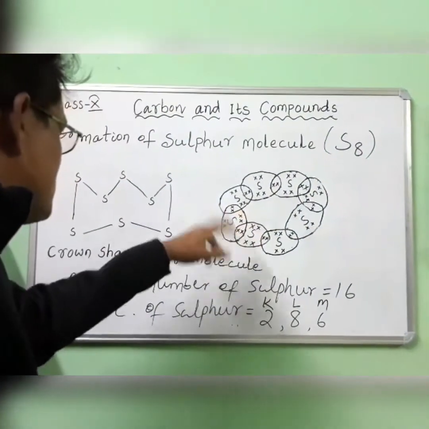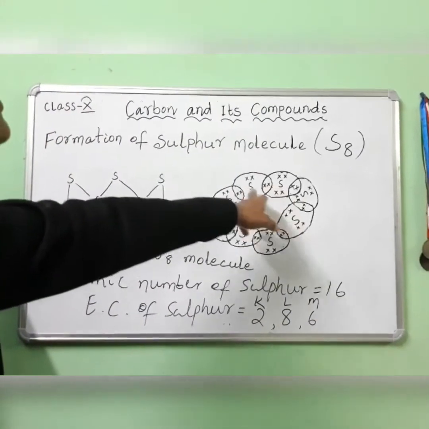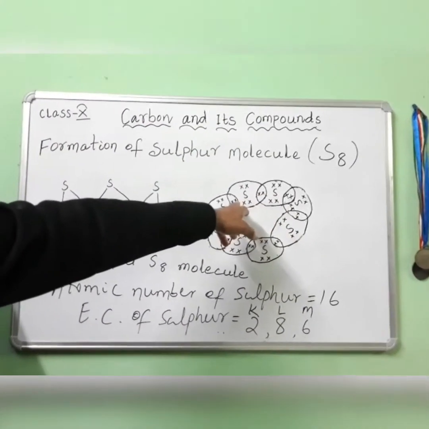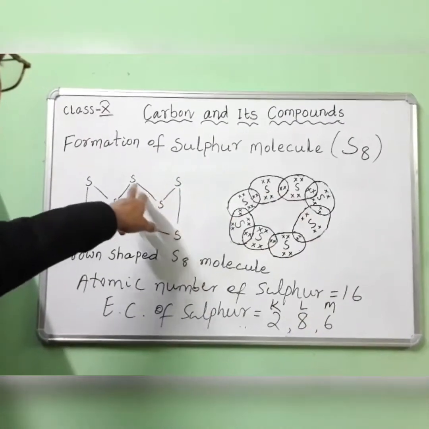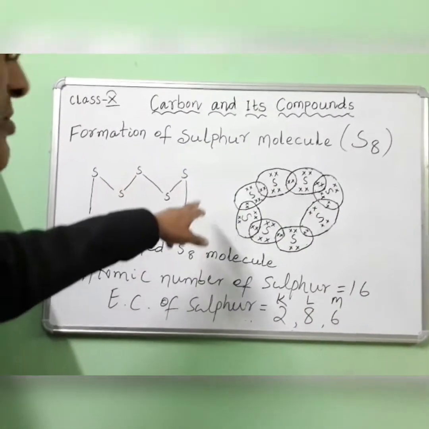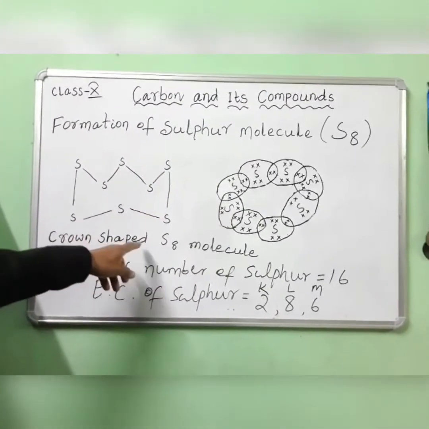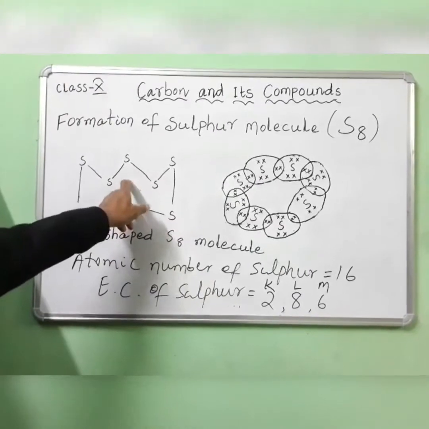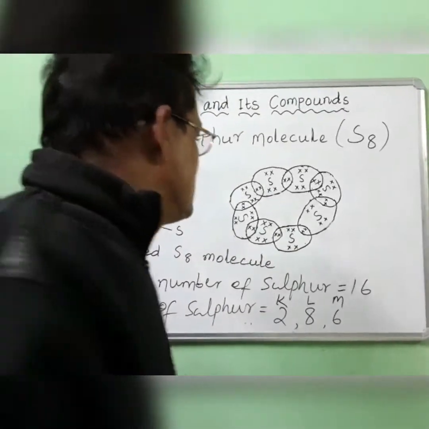In this way, a single shared pair of electrons forms a single bond between the sulfur atoms. Okay, crown shaped S8 molecules. Clear?